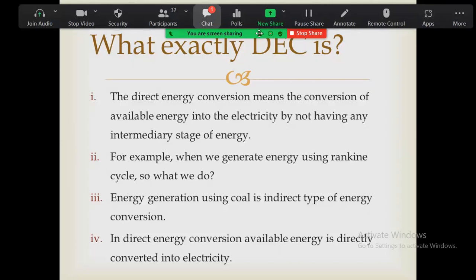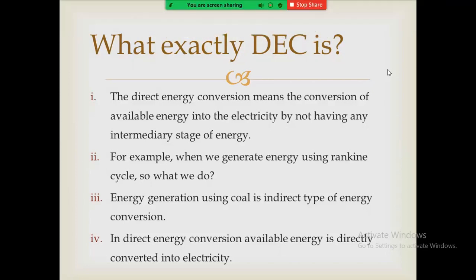We can use the available heat directly as electricity, even for residential purposes. So this is the best example of direct energy conversion.